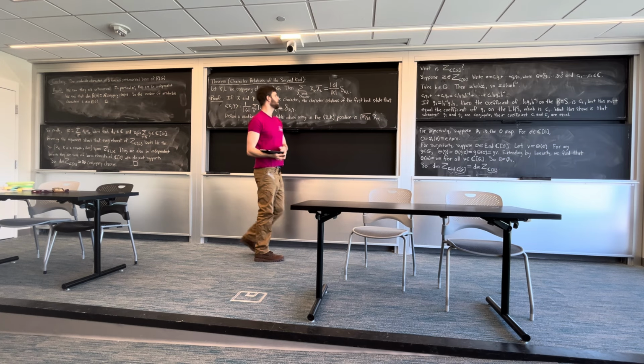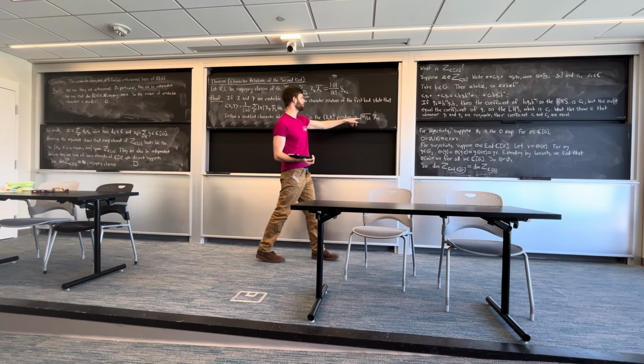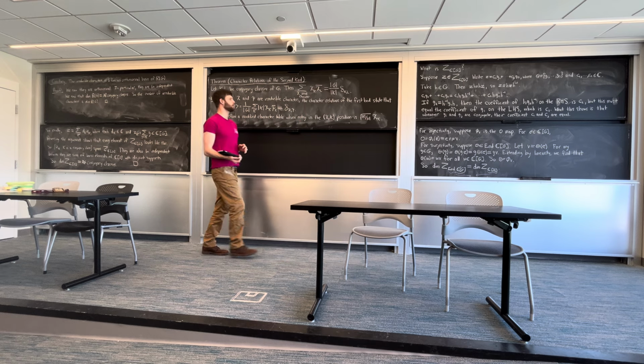So all I'm saying is that the values in the character table, if you go to the row indexed by an irreducible character chi and the column indexed by a conjugacy class k, this is supposed to just be chi sub k, but now in the modified version we're going to multiply by the square root of the size of k over the size of g.